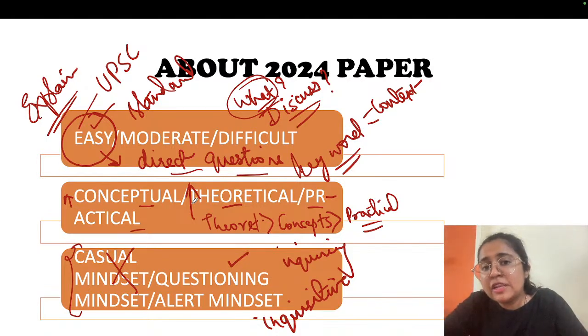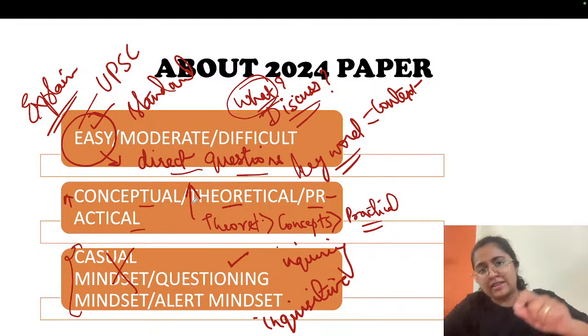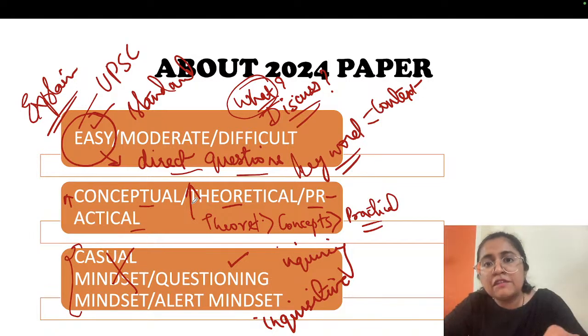But presently, this paper discussion is for identifying the uniqueness of the examination, the uniqueness of the paper, and how you look at a question, basically building the perspective about a question.